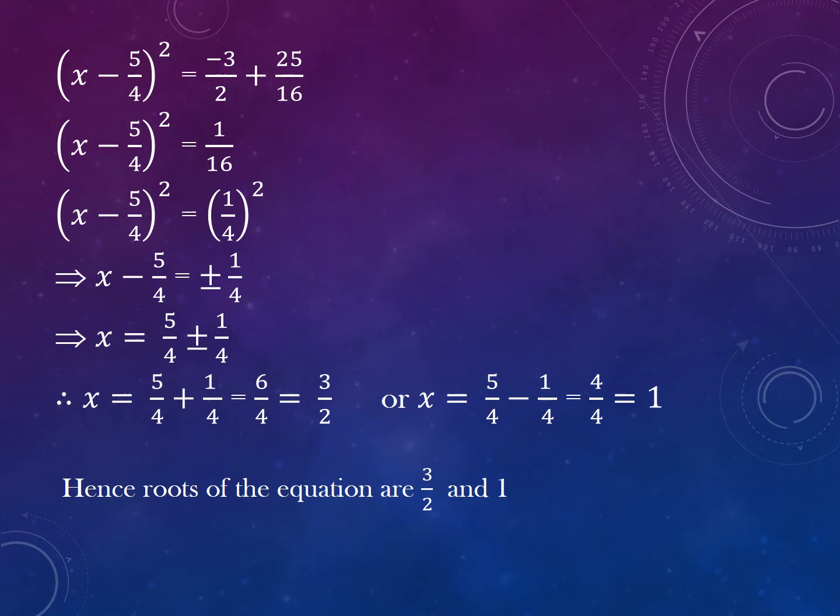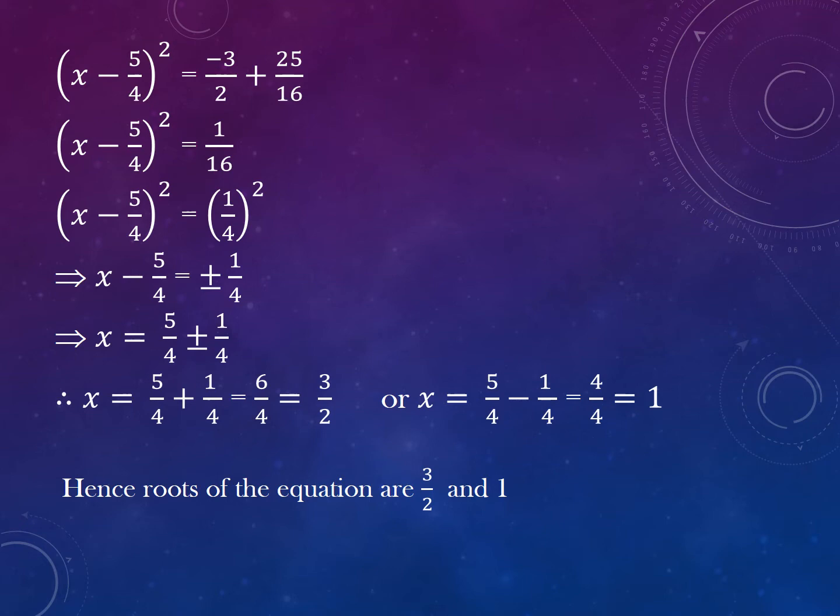So our equation is rearranged as (x − 5/4)² = (1/4)². Taking square root, it becomes x − 5/4 = ± 1/4. Here we take the plus or minus value as we need to get the two roots of the equation.